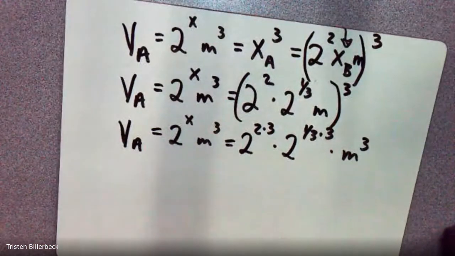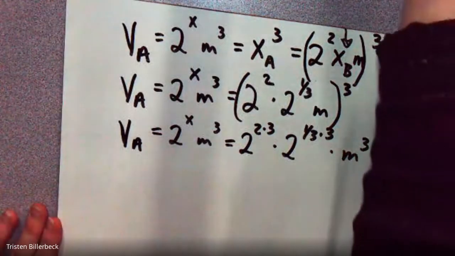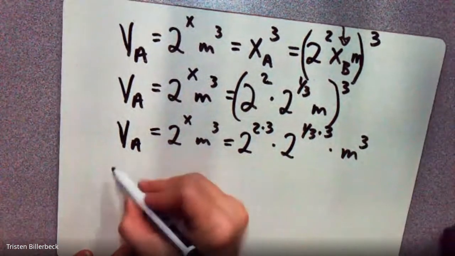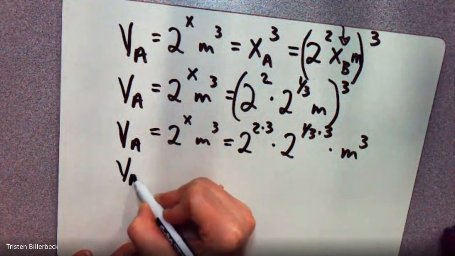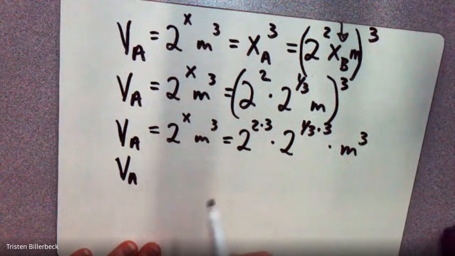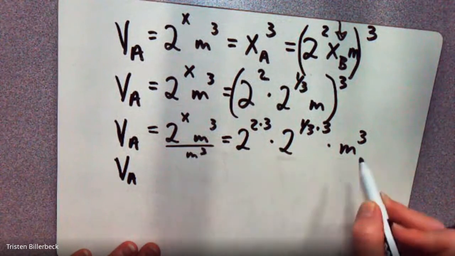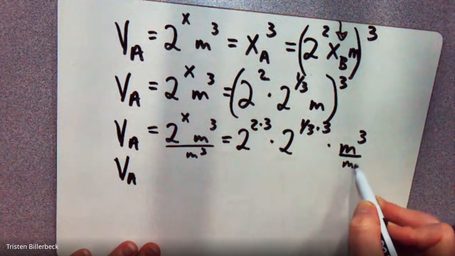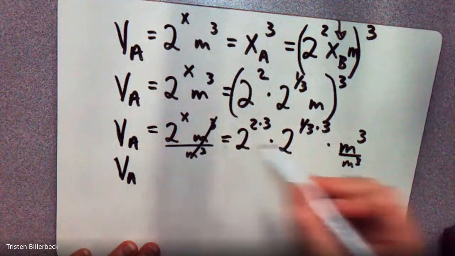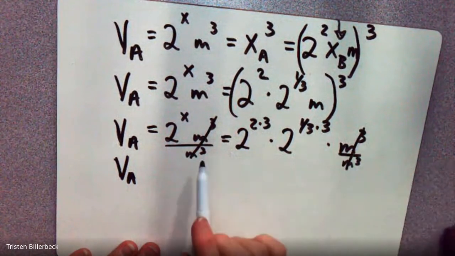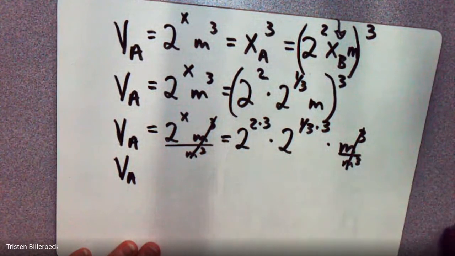Okay, I'm going to put this other board back so we don't miss anything. So we have volume A. I think we can divide both sides by meters cubed, because we're just trying to find x, so we don't need that, and it gets a little confusing. If you do it to one side of the equal sign, you can do it to the other.